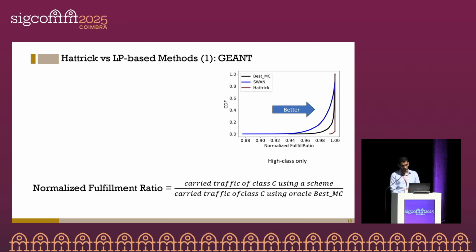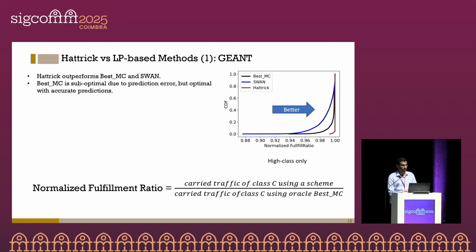For the high-class traffic, we see that Hattrick outperforms both BestMC and Swan. I note that BestMC is suboptimal due to prediction error, but it's optimal if it's given accurate predictions. I also emphasize that for the highest class traffic, the normalized fulfillment ratio is always less than or equal to 1.